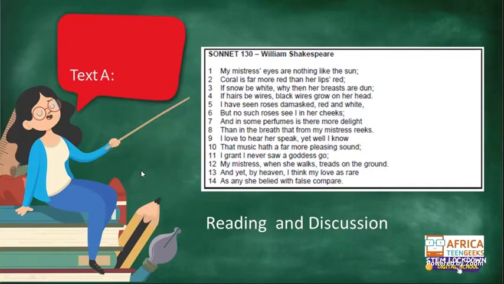And I think Shakespeare here gives an alternative view of what a woman's beauty is supposed to be like, or what love is supposed to be about, or how a woman doesn't even have to be gorgeous for you to love her. So this is a description of his perception, right?